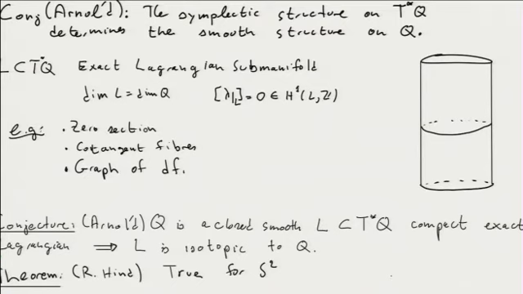So now let's see how well technology works. That was the zero section, which I drew out here. Now one thing you can do is you can take any function, take the differential, and draw the graph. And this is not working. Let me just. Okay, and you can draw the graph of the differential of a function. I drew one over there, and that's also going to be exact.